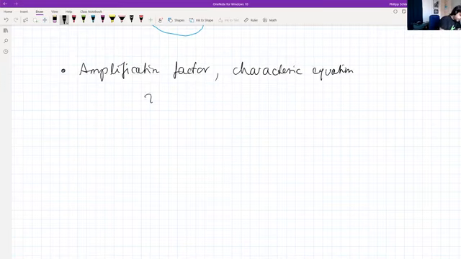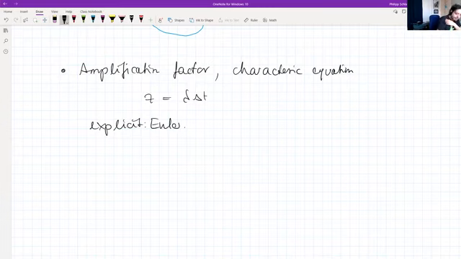So if we assume that z is lambda times delta t, as we have introduced before, then we have seen earlier that for the explicit Euler, my amplification factor, u n plus 1 divided by u n, so g of z, is 1 plus z.